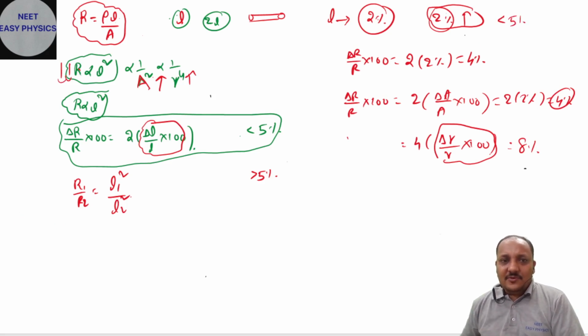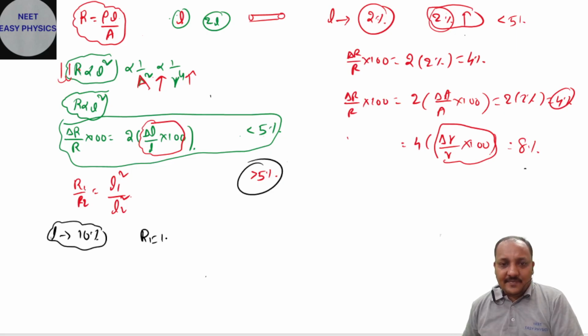Let us assume the same question: the length of the wire increases by 10%. I told you that whenever it is greater than 5%, you can take the initial values as 100. R1 is 100, L1 is 100. This is the best and easiest method, we will get the answer very fast.